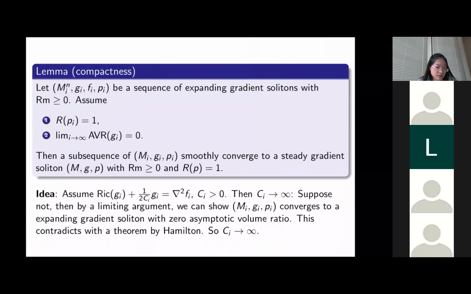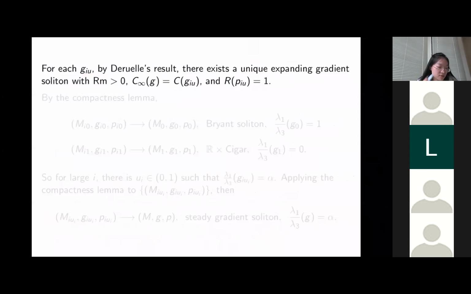Now for each g_i, we can use Deruelle's result, and we can find a unique expanding gradient soliton that has positive curvature operator. Its asymptotic cone is given by the metric cone over this metric g_i.